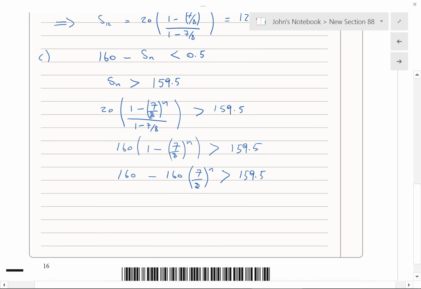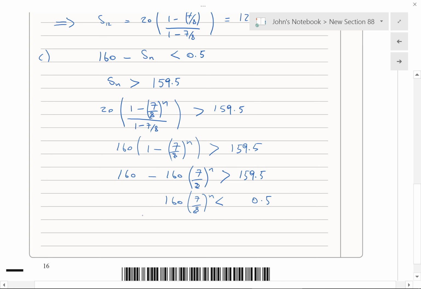Okay, now bringing over, I get 160 times 7 over 8 to the n is less than 0.5. Wouldn't it be better here if I just changed the direction of the inequality and made those two plus?